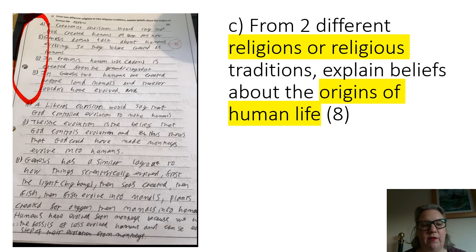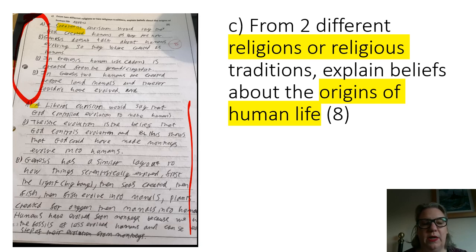His second paragraph, so this one here, I think is better. Now, my 45-year-old eyes can barely read this on screen, so you might need to look at this as a PowerPoint and zoom in. But overall, this is really good. As I said, he's used structure, he's given the view of a creationist, and he has labelled that as a creationist view in the first line of the first paragraph.